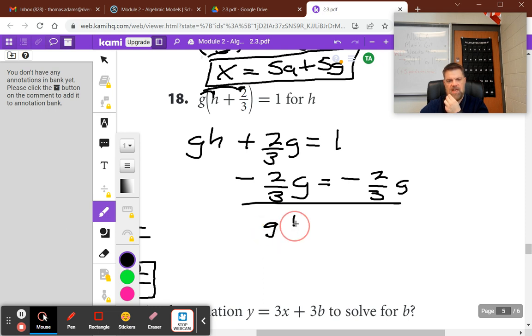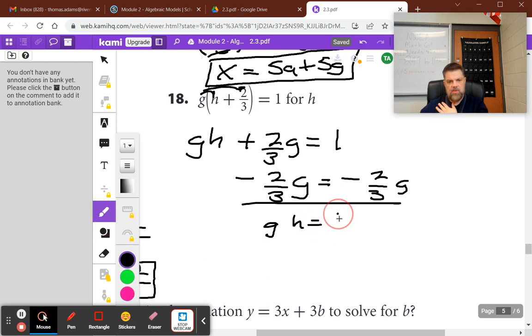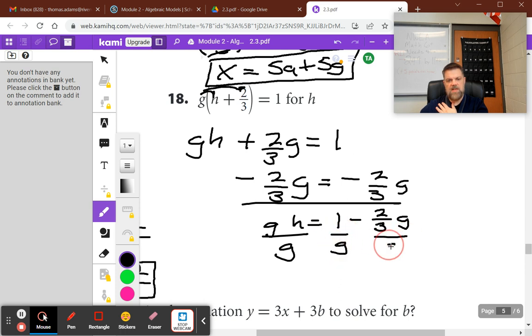And I get GH is equal to 1 minus 2/3 G. Then I divide by G here, divide by G here, divide by G here. These G's will cancel, and I get H is equal to 1 over G minus 2/3.